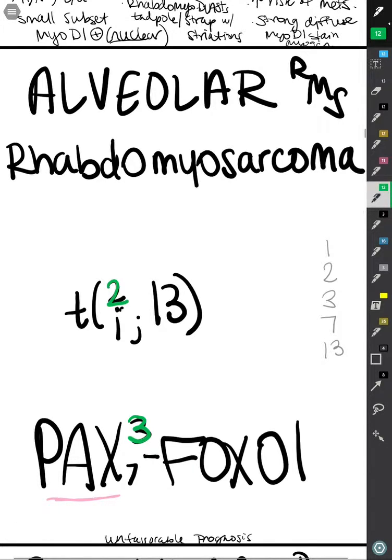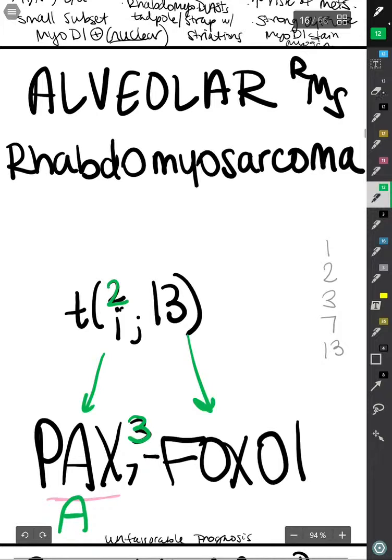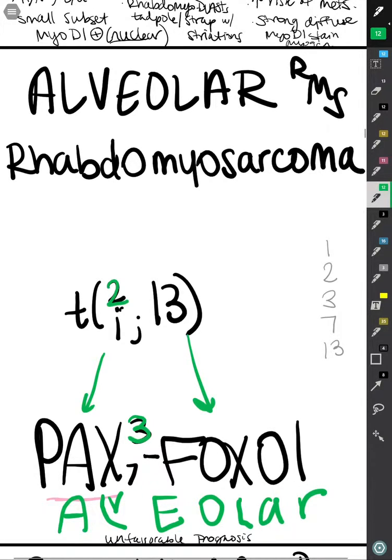Now, the way that I remember the PAX3, 7 thing that goes here, and your 13 being your FOXO1 gene, is that I kind of just like to rearrange or rethink of this as A, L, V, E, O, L, A, R. It looks like a 2-year-old, but my handwriting already looks like that, so I'm sure it's right up there with y'all.